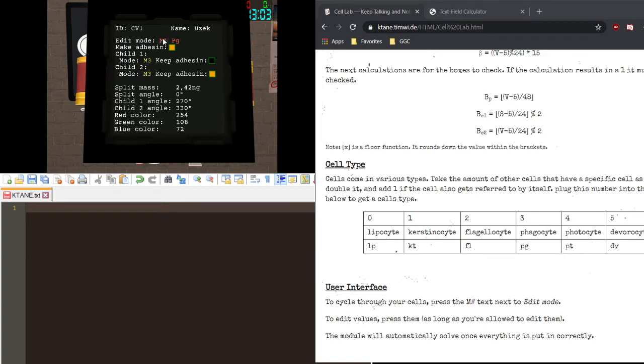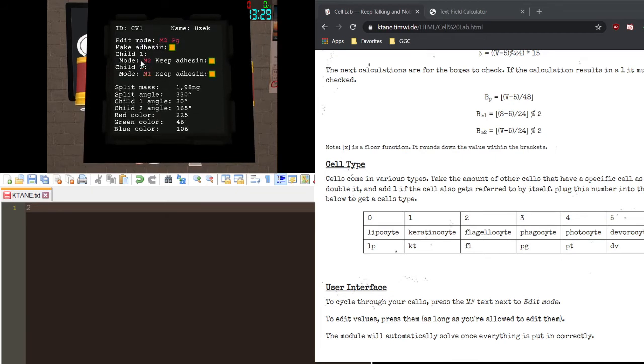These are both M3, which is not M1, so we do not add 1. If either of the other 2 cells has a child whose number is the same as this one, you add 2. So we're looking for M1. Cell 2 has a child that is M1, so we add 2. And cell 3 does not have a child that is M1, so we do not add 2 again.